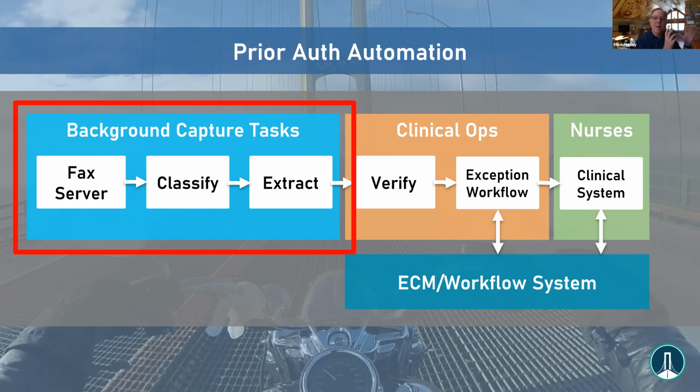We'll talk about that. Then it'll be handed off to the clinical operations people to handle those exceptional circumstances where there's a data problem or process problem or business rule problem before it gets to the nurse, where they can actually make their decision faster, cheaper, and easier with higher quality, right? All of that's interacting with an ECM and workflow system to really drive the solution forward. So that's what we're going to talk about over the next couple of minutes.